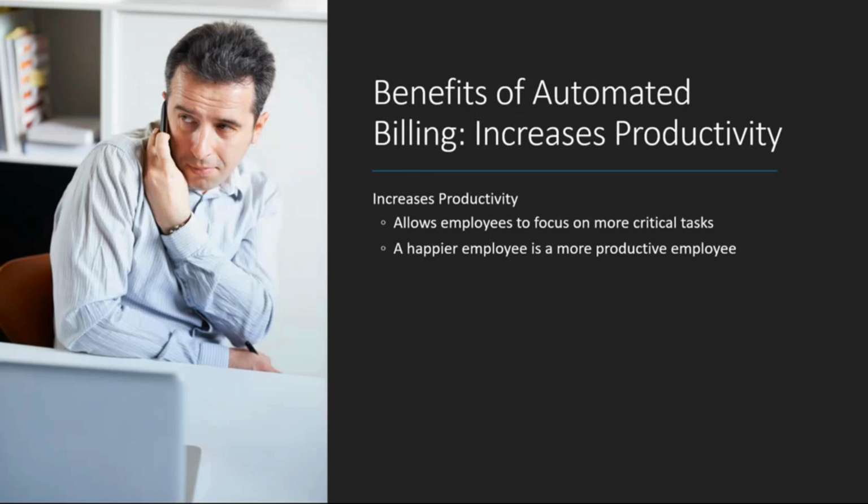In this case, we're referring to the editing of invoices, the manual entry of invoices, confirming that you're using the right PDF templates, email outlines, confirming that the right items and amounts are on the order. By automating your system, you free up time for your employees to go and work on more critical tasks in your business, which allows them to be happier employees. They get to go and do the things that they like instead of doing the rote day-to-day tasks that can be automated by your system.